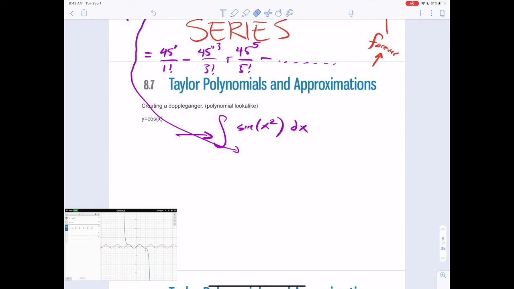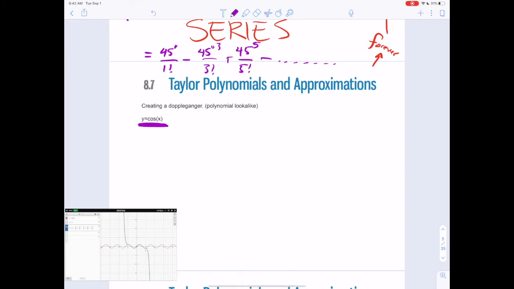Okay, so we're going to do the same thing, but in a very fast manner with cosine. Okay, here we go. Let's look back on Desmos. I think I blew up Desmos. Okay, there we go. Here's cosine x. When we're really close to 0, what does that look like to you guys?